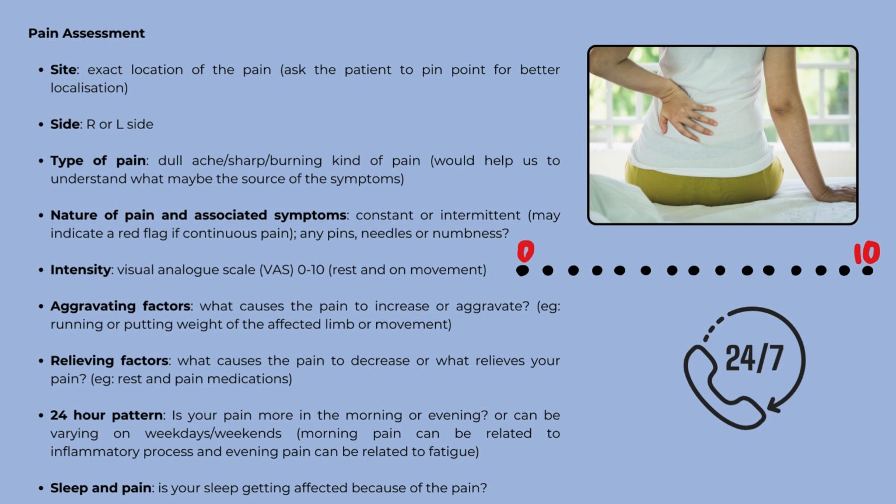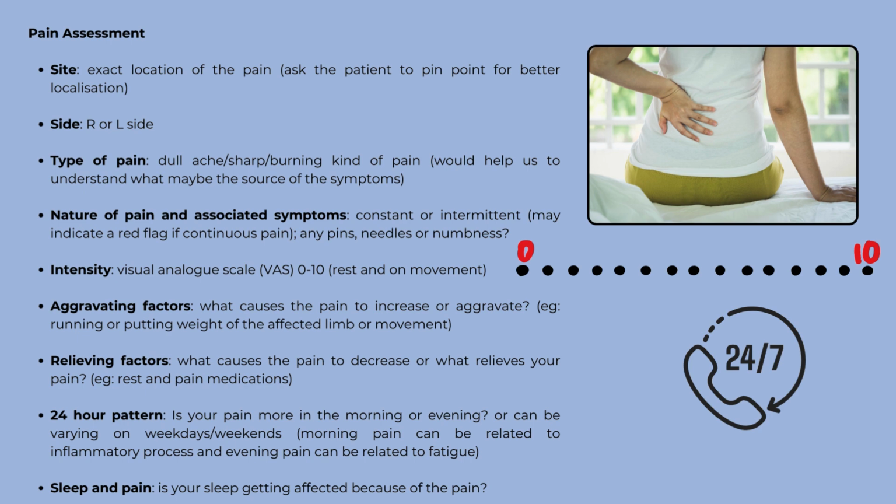If it's intermittent, it's pretty normal to have intermittent pain. But I have not used the word intermittent because many patients may not understand. So make sure that you do not use any medical jargon during your assessment and keep it as simple as possible. Again, you do not have to ask, okay, tell me the exact site of pain. You can ask, can you tell me the exact location of the pain?